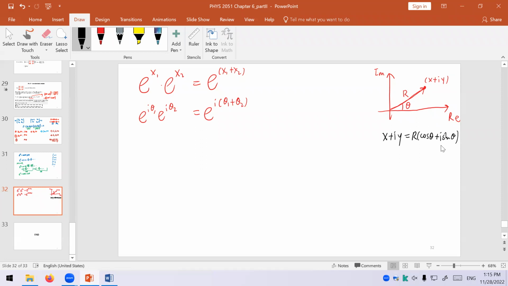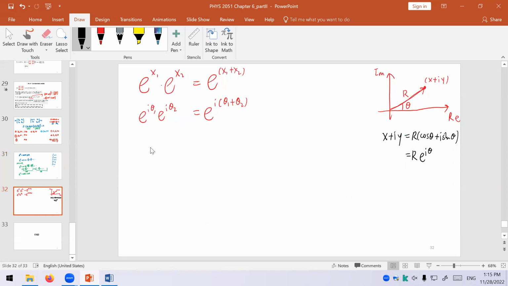And I just told you that cosine theta plus i sine theta, using Euler's formula, is e to the i theta. So this is the exponential form of a complex number. Any complex number x plus iy can always be converted to r times e to the i theta.